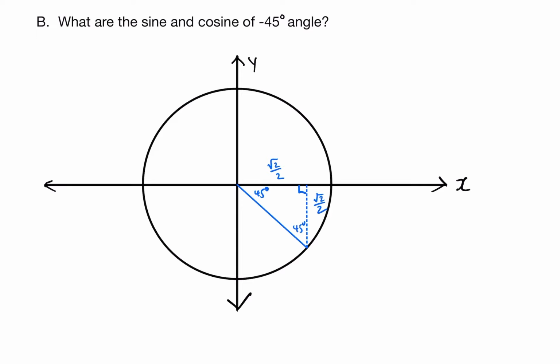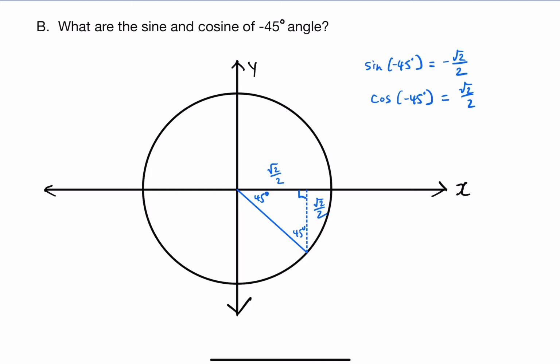And so therefore the sine of negative 45 degrees is going to be the y value, and because we are in the fourth quadrant, the y value is going to be negative, and so this is going to be negative square root of 2 over 2. And then the cosine of negative 45 degrees in the fourth quadrant will be a positive square root of 2 over 2. Okay, and so those are our answers for this example.